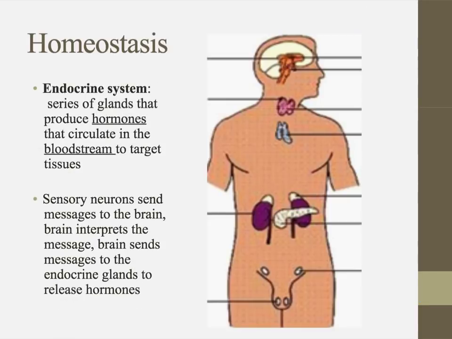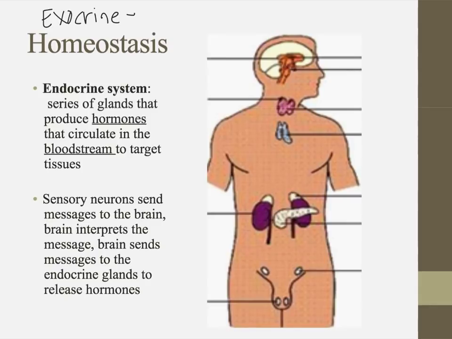Homeostasis is a complicated process that requires a couple of different body systems. One of them is the nervous system, and the other one is what we call the endocrine system. Now, the endocrine system produces hormones that flow into the bloodstream. That's a little bit different than when we talked about the exocrine system.